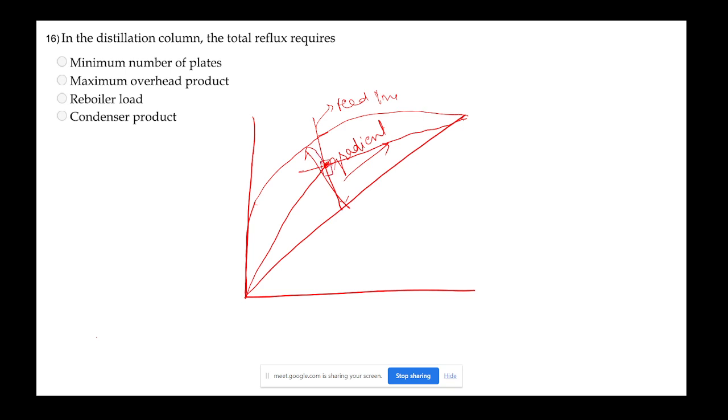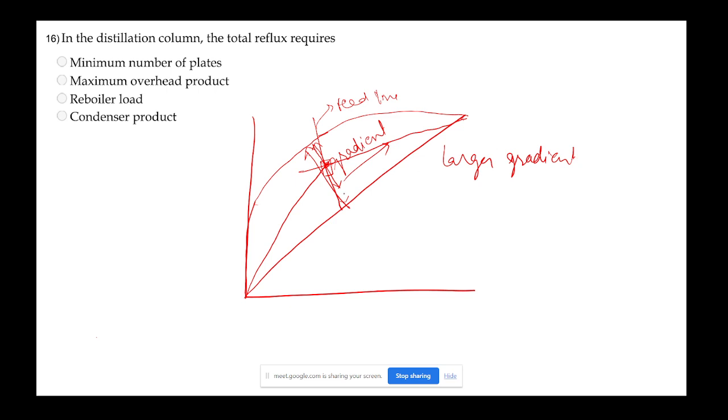Minimum reflux will occur when you move towards the equilibrium line. If you move continuously away from the equilibrium line, what will happen? The gradient will increase, and obviously since the gradient is more, you will require fewer trays in the column, because the separation is more because of the larger gradient.